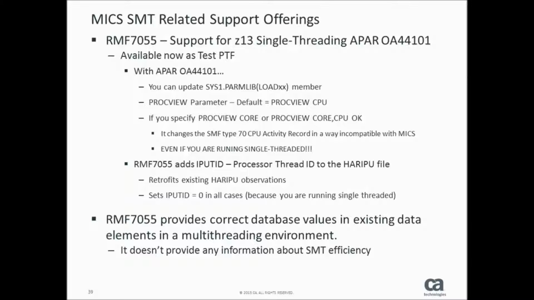Because you're running single-threaded, every one of your records will have a thread ID of 0, but this will fix the problem that you broke, that broke MXG when you said, I want my Type 70 data and my CPU activity reports to be able to deal with multi-threading, even though I'm not running multi-threading. So if you want to change that PROCVIEW core, you need MXG 33.55. We do not provide any of the multi-threading support with 55. We just make MXG continue to work as it used to.